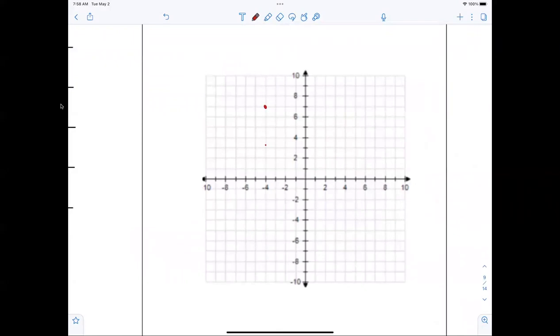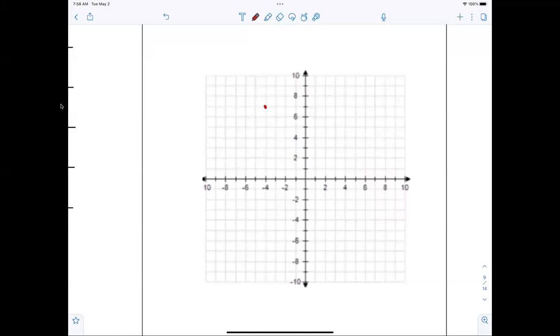There's -4, 7. Now, what's the a value? What's a? -6. So that means if I go to the right 1, normally I would go up 1, but you're multiplying that value by -6.